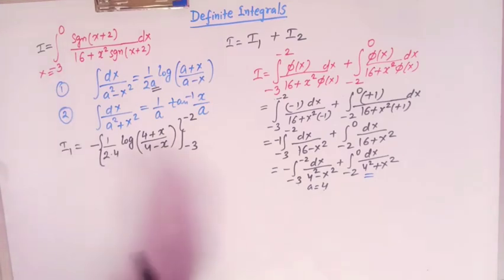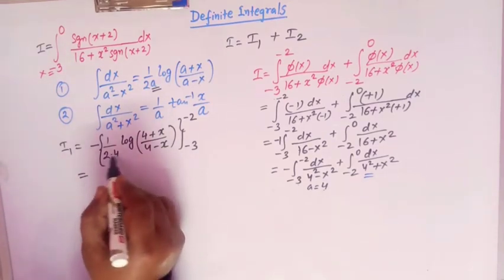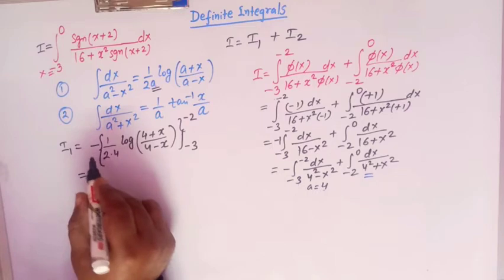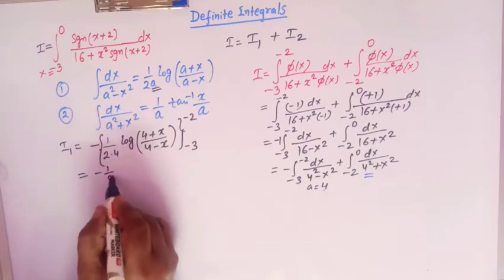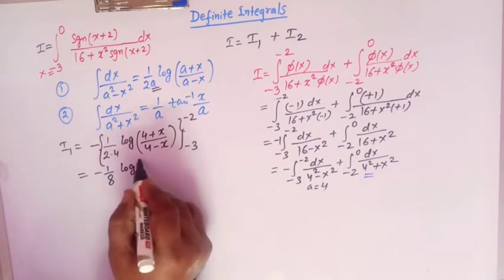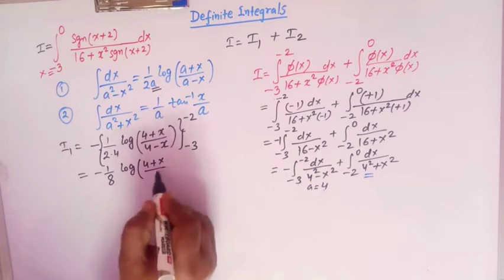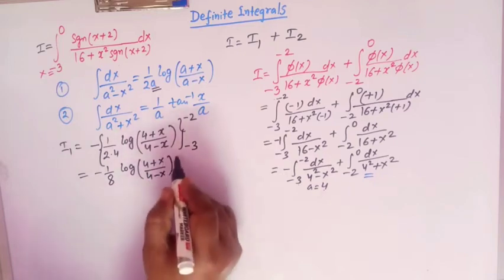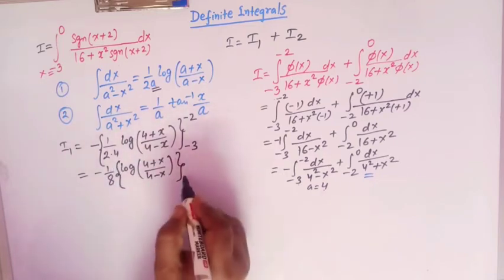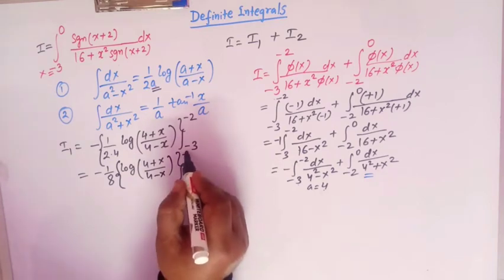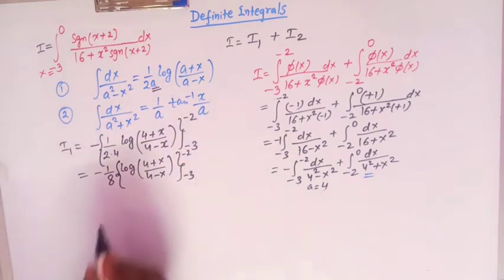Now we can take this factor outside. So we have minus 1 over 8 log of (4 plus x) over (4 minus x), and the limits are from minus 3 to minus 2.